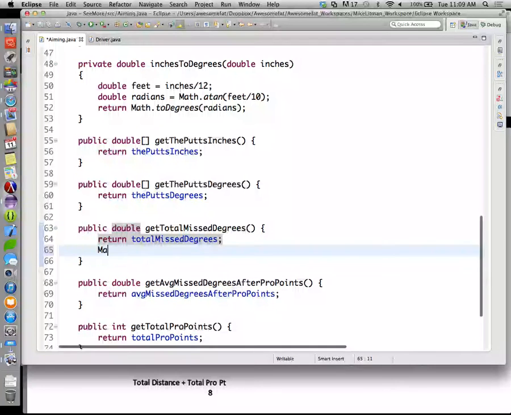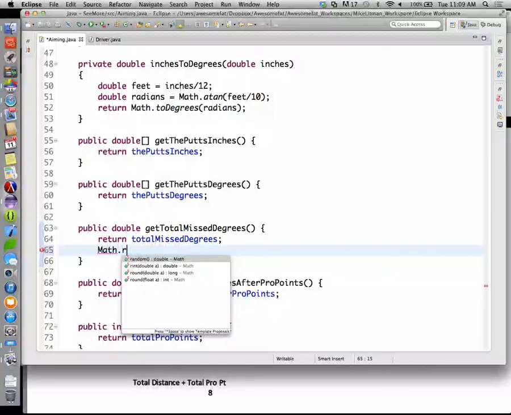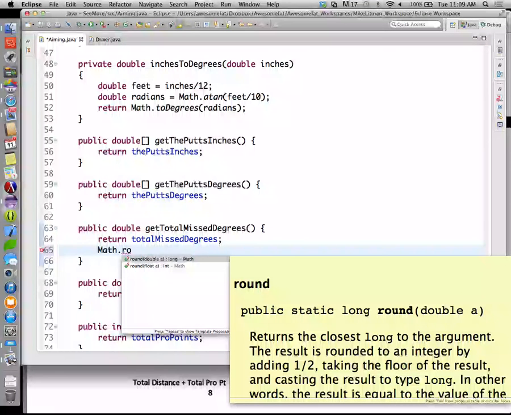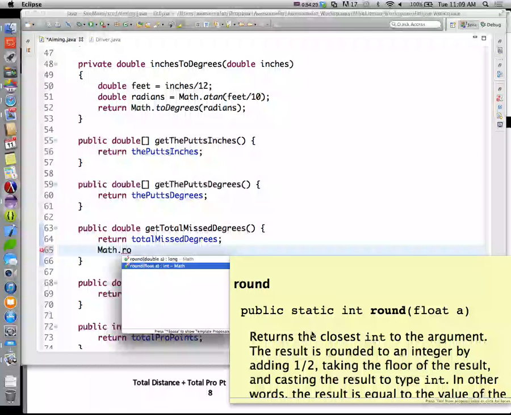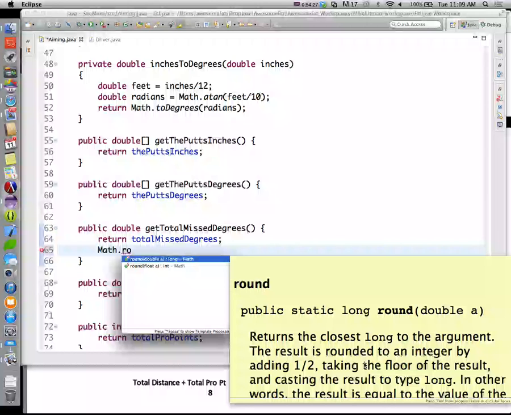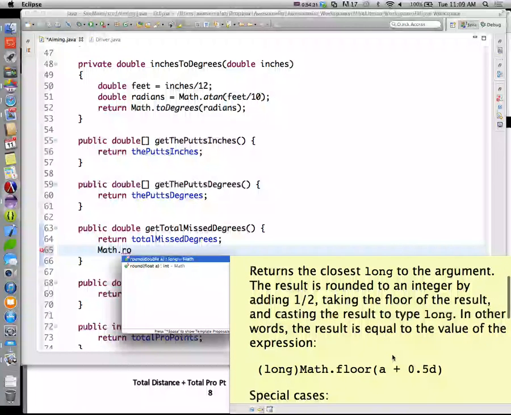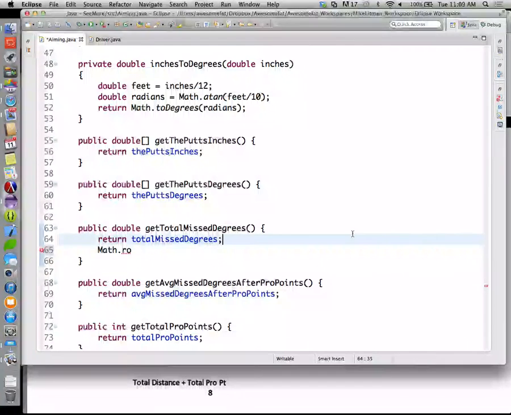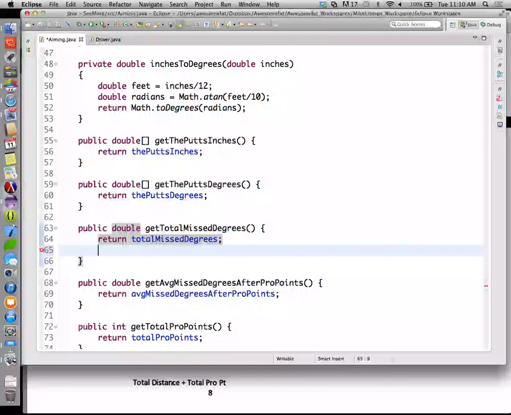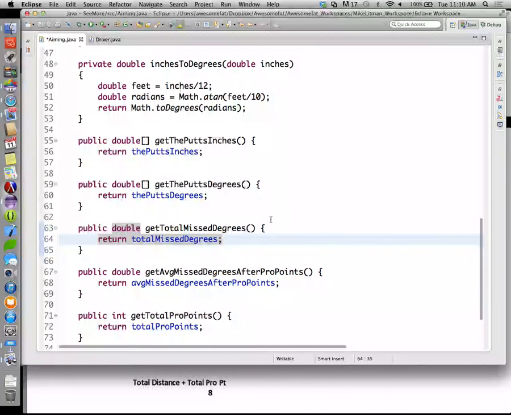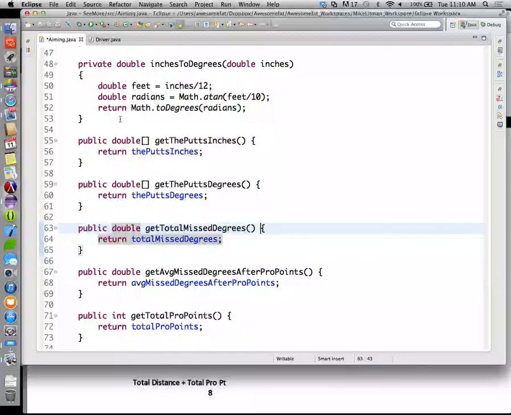Is there a better rounding function in here? All right, we're gonna have to write our own rounding function.